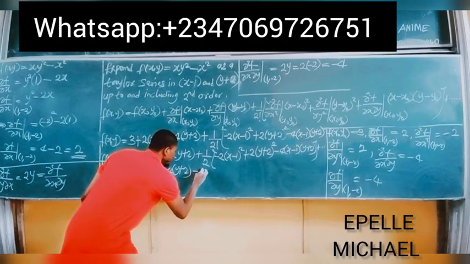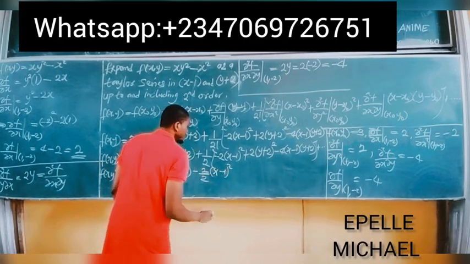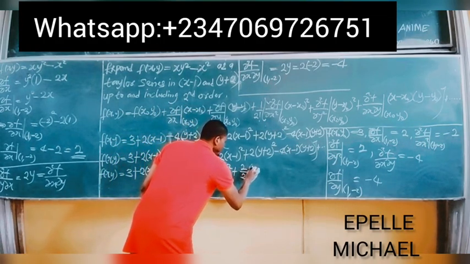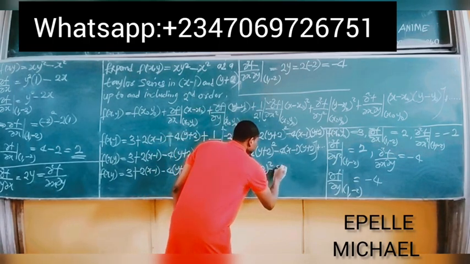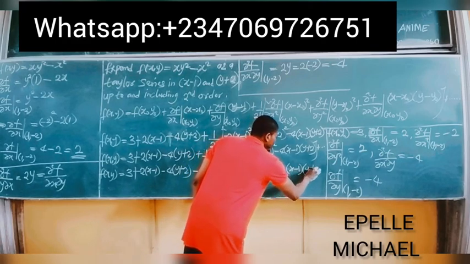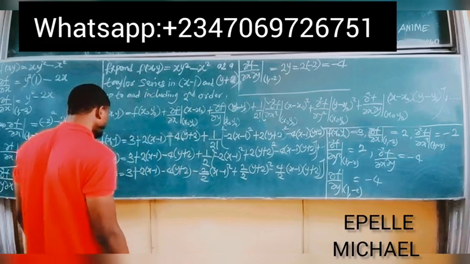It becomes minus 2 over 2 into (x minus 1) all squared, plus 2 over 2 into (y plus 2) all squared, minus 4 over 2 into (x minus 1) into (y plus 2). Okay, the series continues like that.